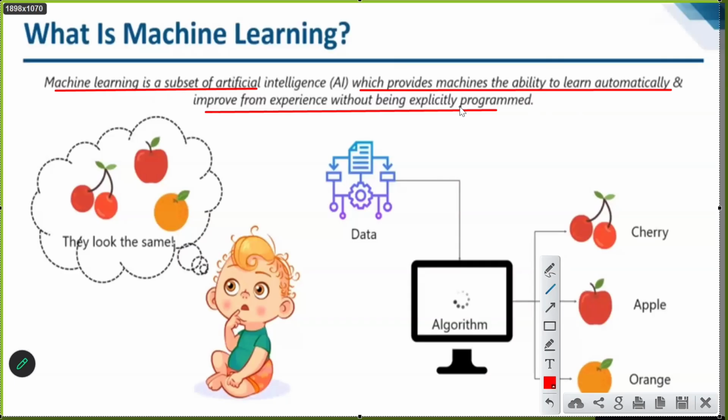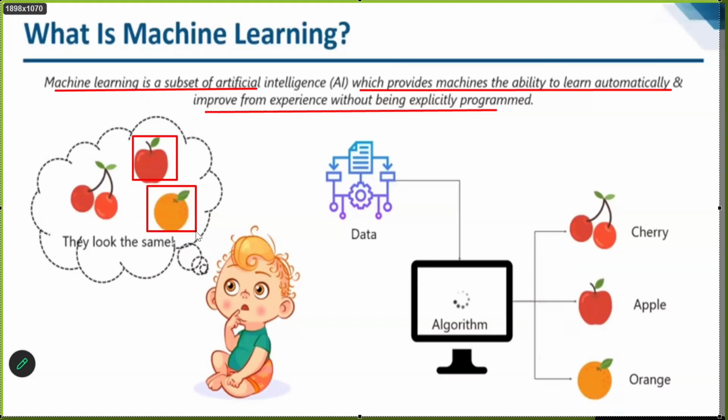Like if you see here, guys, on the screen, you can see a boy. Go to our childhood days. What will happen? They will show us the image of an apple and say that is an apple. They show us images of cherry and say that is cherry, and the image of orange and say this is orange.